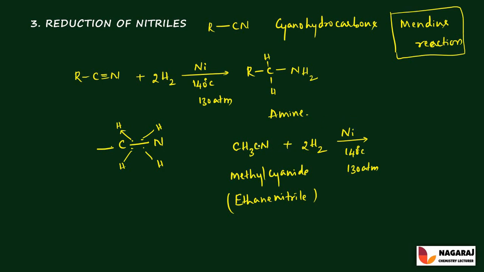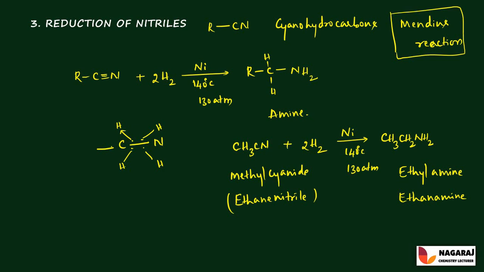The multiple bonds are replaced by hydrogens, giving the product CH3CH2NH2, which is called ethylamine or ethanamine. This is called the Mendius reaction, the conversion of nitriles into amines.